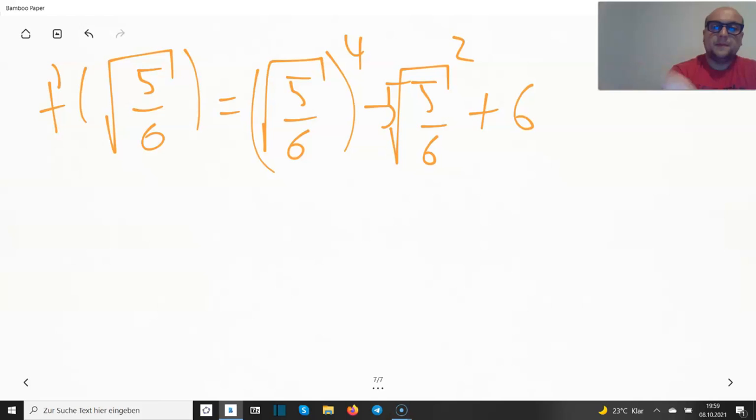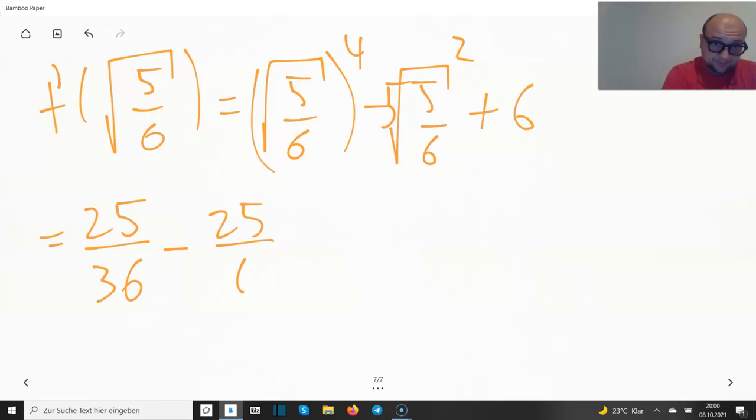I forgot 5 here. Alright, so once again, we square it once, we're going to get 5 divided by 6. We square it twice, we're going to get 25 divided by 36, minus 25 divided by 6. I multiply times 6 divided by 6. And I have 6 more as a whole number.